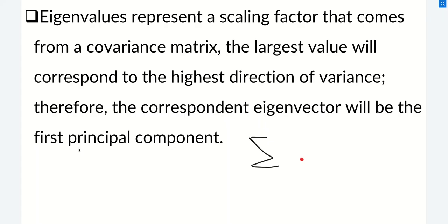When you have a high eigenvalue, it means our variance will be high, and the corresponding eigenvector is what is going to be used for our principal component. I will explain it, you will understand it later on.